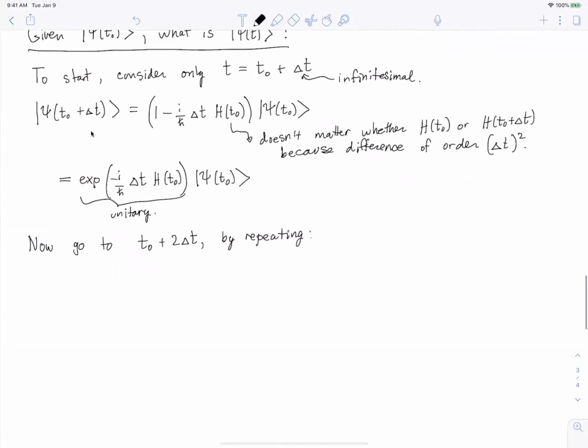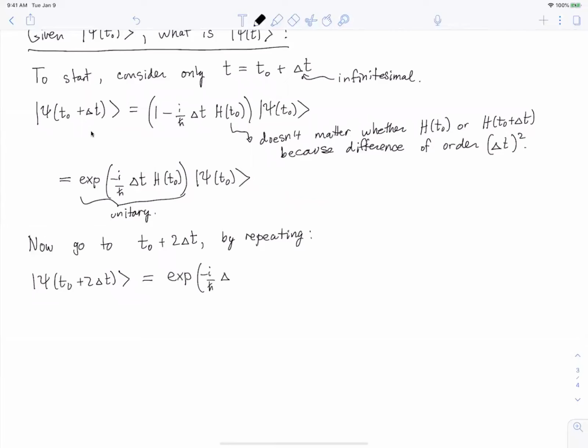Okay, so psi of t0 plus 2 delta t is equal to, well, what we found before is we just have to multiply by this exponential unitary operator in front. So let's do that again.